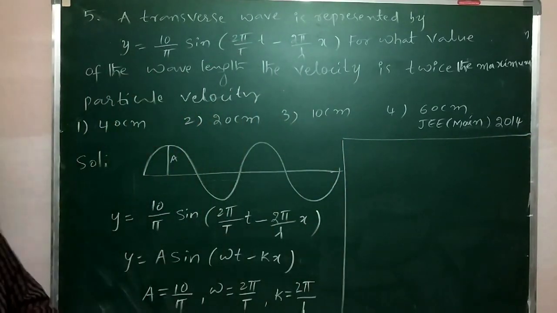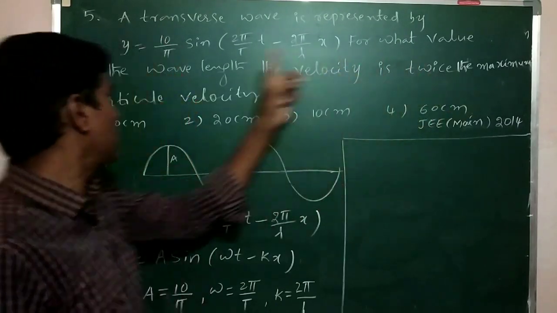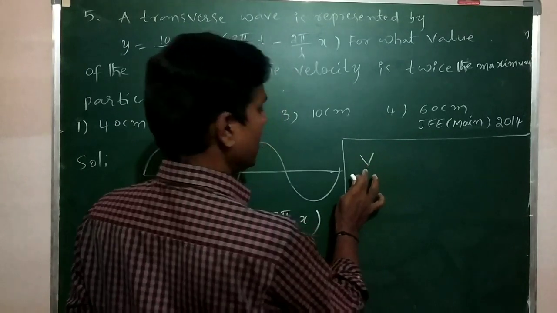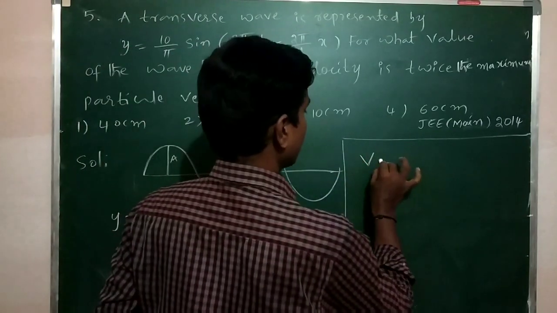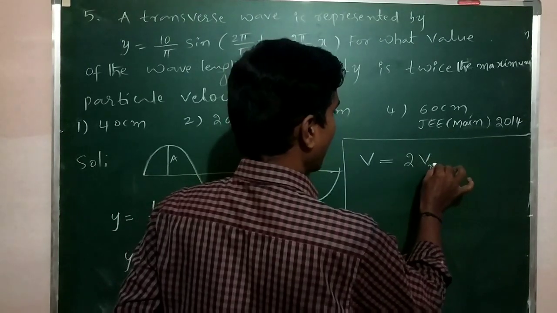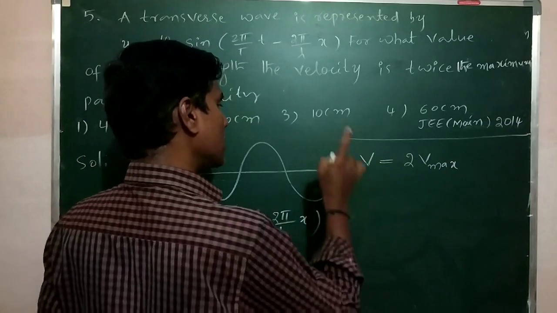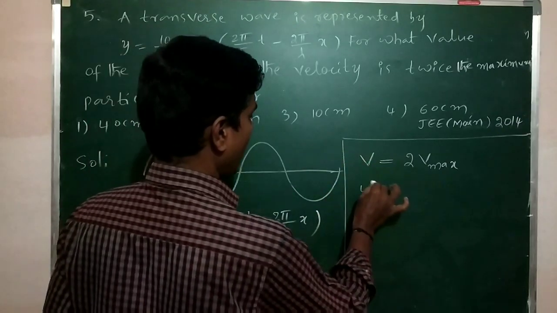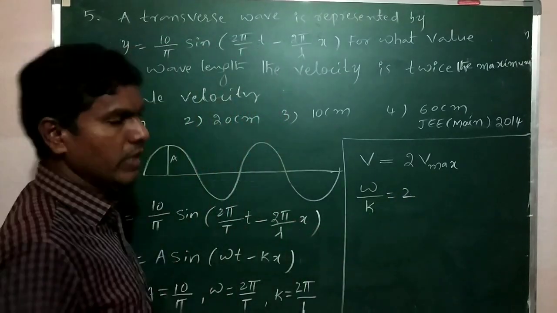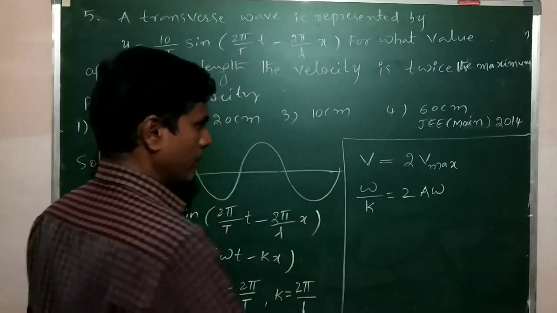So what is our condition in the question? The velocity is twice the maximum particle velocity. The velocity means the wave velocity is equal to twice the maximum velocity, V max. So actually the wave velocity is omega by k. We know that it equals 2 into the maximum velocity, which is a omega.